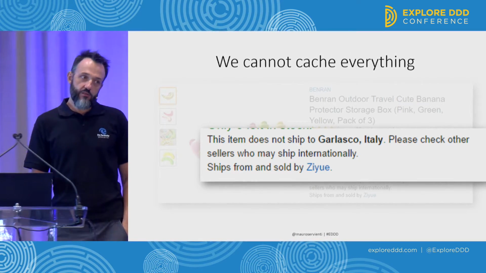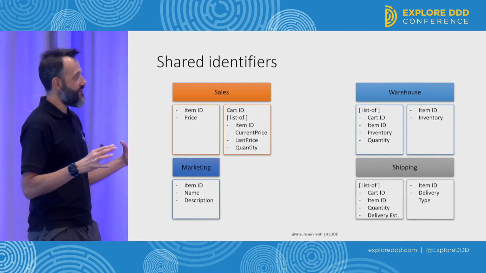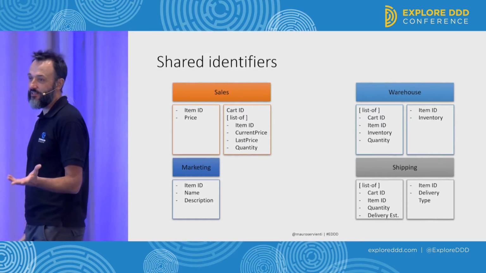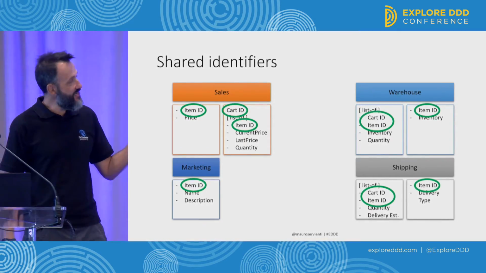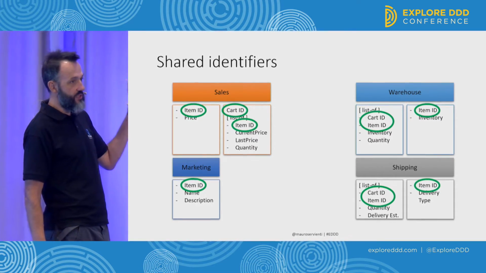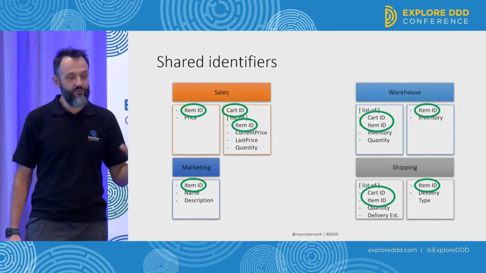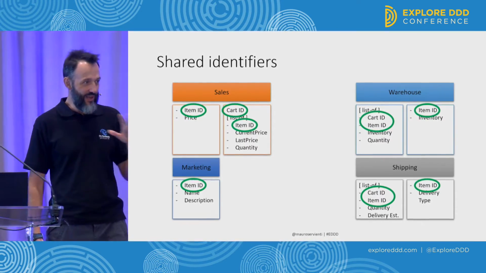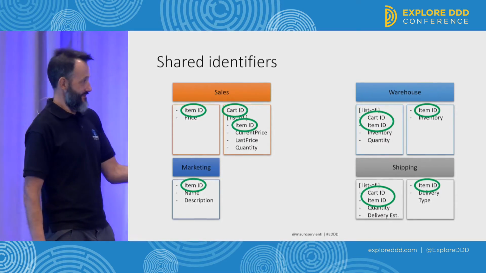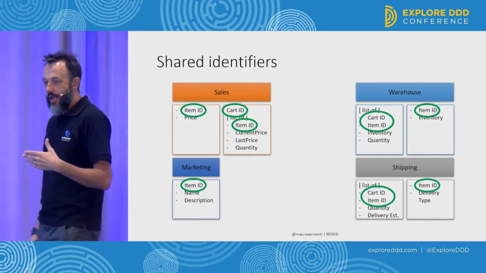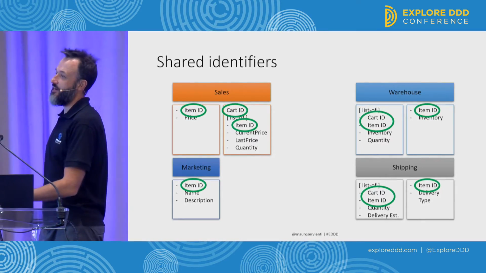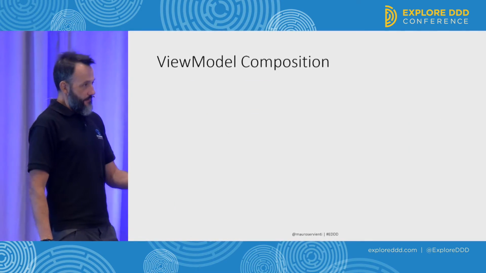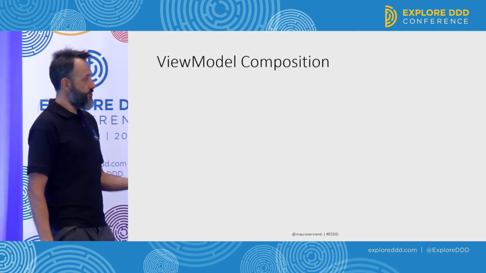What we might have noticed is that all these boxes, boundaries, are basically sharing identifiers. So we have the item ID, that is a concept that everyone has. We have the cart ID, that is a concept that all the cart views in every single context have. So can we use those identifiers to compose a view model on the fly? We can use view model composition techniques.